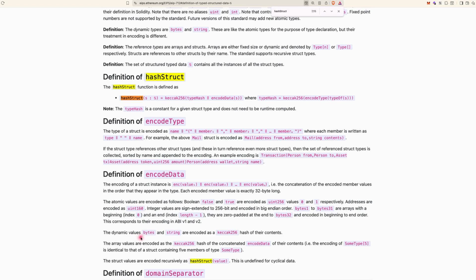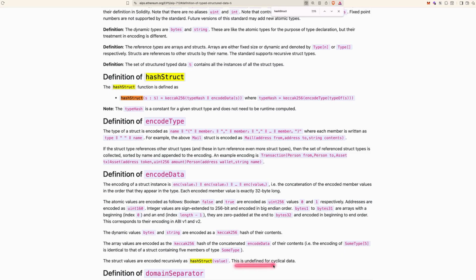The dynamic values bytes and string are encoded as keccak256 hash of their contents. Okay. The array values are encoded as the keccak256 hash of the concatenated encodeData of their contents. That is, the encoding of SomeType[5] is identical to that of a struct containing five members of type SomeType. Okay, the struct values are encoded recursively as hashStruct(value).